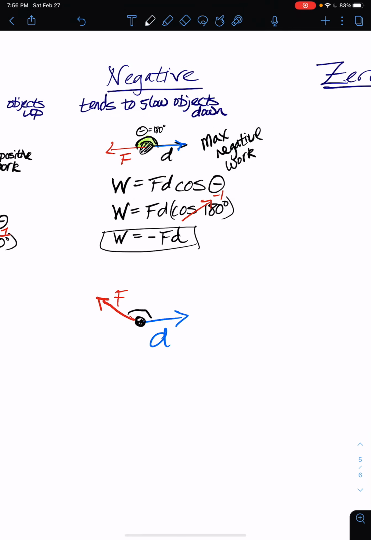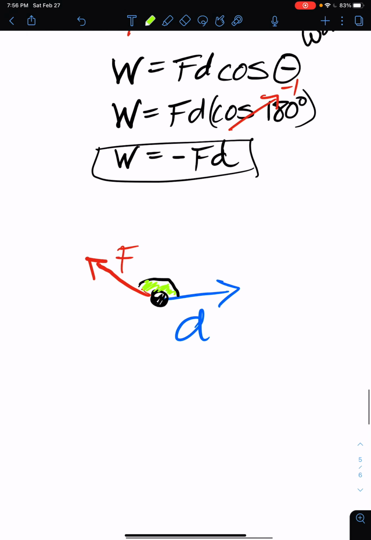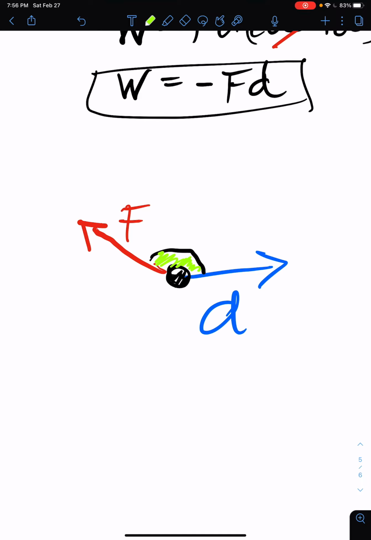That's kind of what we're saying. That only a piece of F that is pointed up and left, only the leftward part of it, right, which points like that, is going to slow the object down, not all of it. And that's kind of why this would be partial negative work, right?